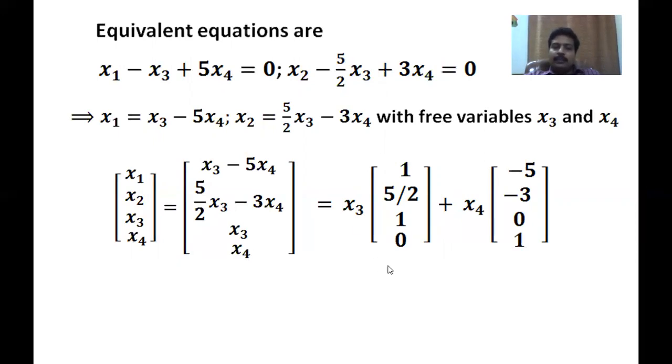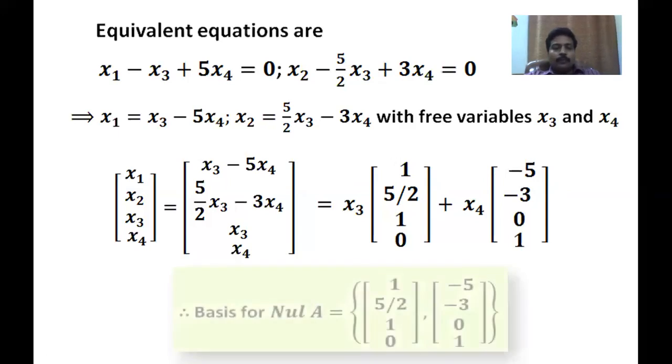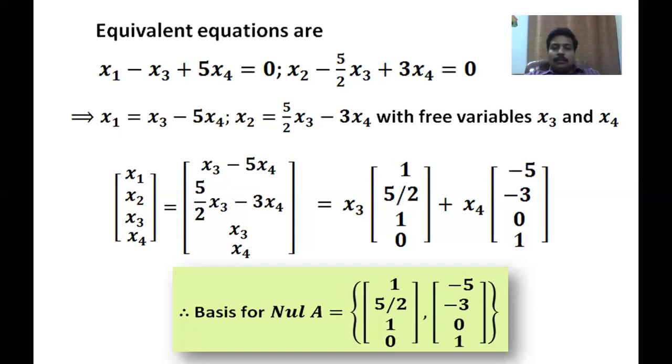So if I take this one as v1 and this as v2, then this is of the form x3 v1 plus x4 v2, where v1 and v2 are two vectors in R4. Since x3 and x4 are free variables, they are any scalar or any real numbers.